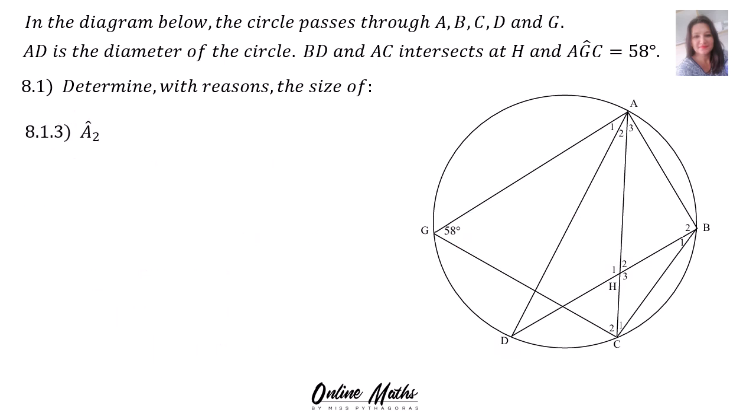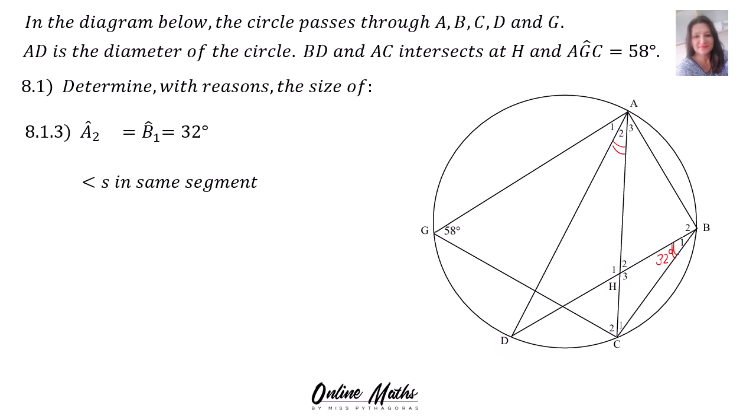Okay, from the previous sum, remember, we calculated B1, it was 32 degrees. Now this one wants the size of A2. Now there you see A2, and A2 and B1 are equal, because they are both 32. The reason is angles in same segment.